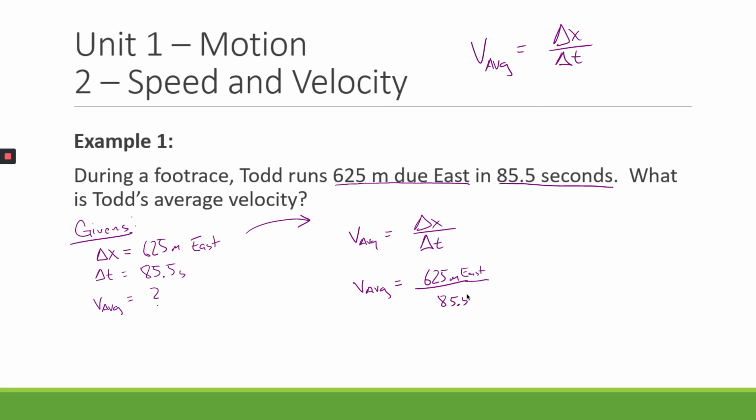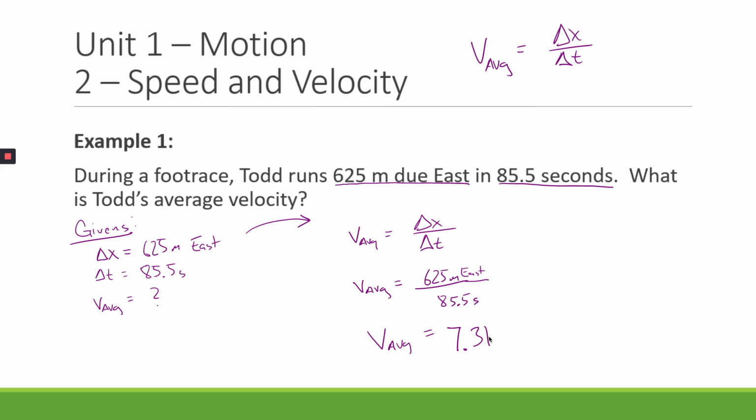So now we just have to do the math. Our V average equals, take out my calculator, I don't know that off the top of my head, 625 divided by 85.5. So this is 7.31.